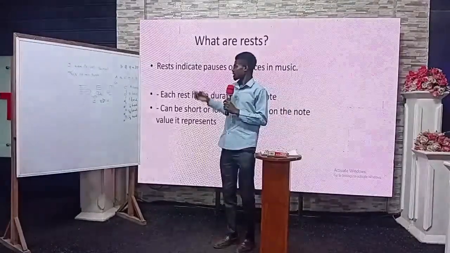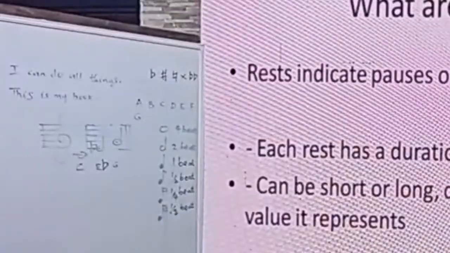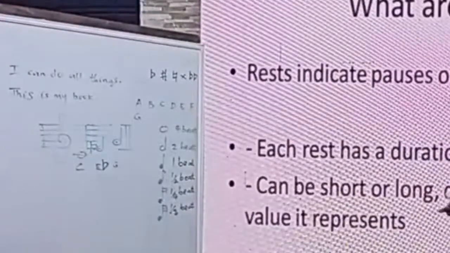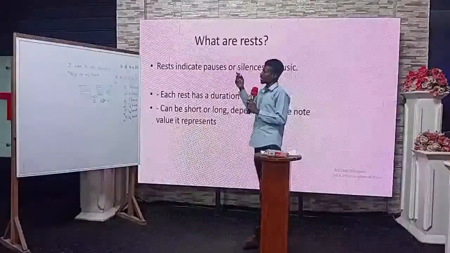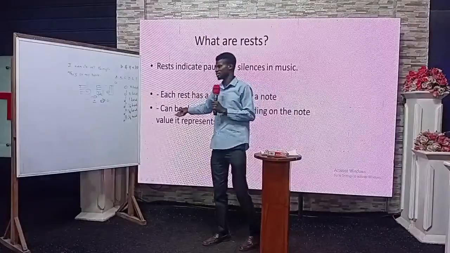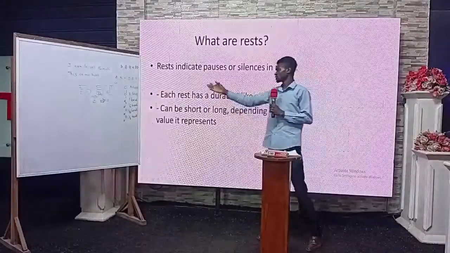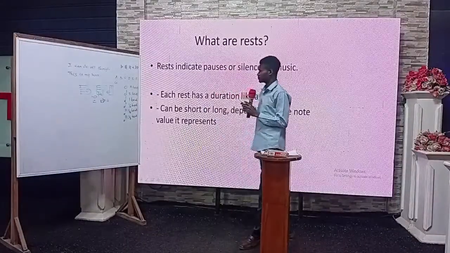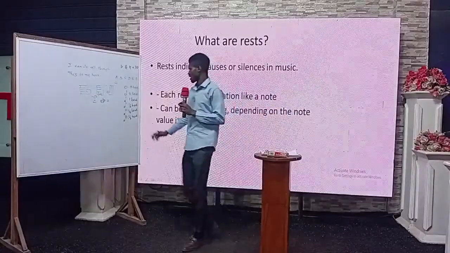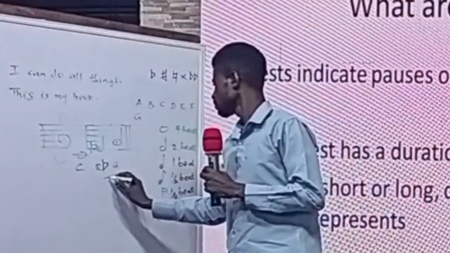Now, as we have each musical note representing a particular number of beats, we also have each musical rest representing a different duration. So each of them also carries its own duration, just as the musical note carries theirs. So we have the following symbols for rests.